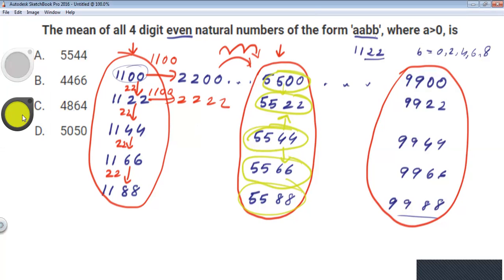What I'm trying to say is that 5522 is just 22 less than 5544, and 5566 is just 22 added to 5544. So the addition and subtraction, the dispersion from each other, when you add them up for finding the mean, will just cancel out. Therefore, this becomes our ideal option, 5544, and so A is the answer.